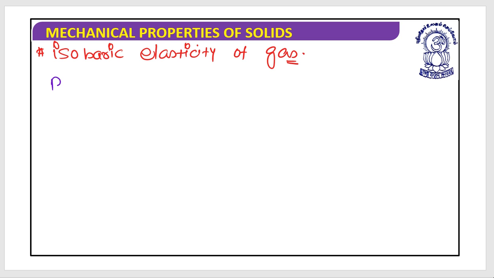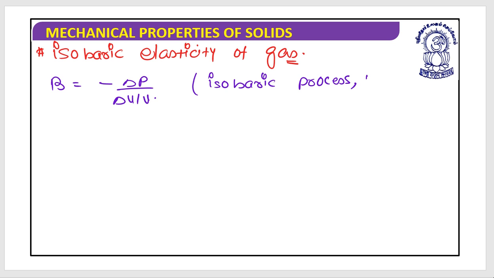B is equal to minus of delta P divided by delta V by V. In the isobaric process, the pressure of a gas is constant. So if pressure is constant, delta P is 0, and so the isobaric elasticity of gas is 0.